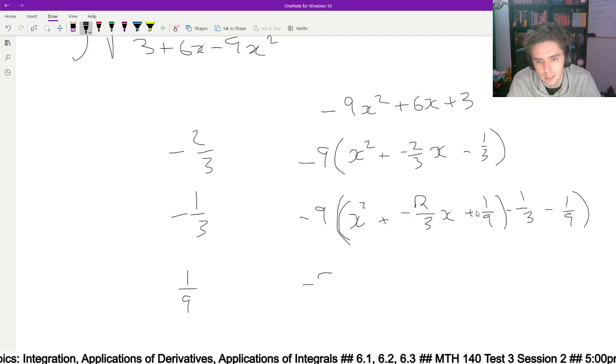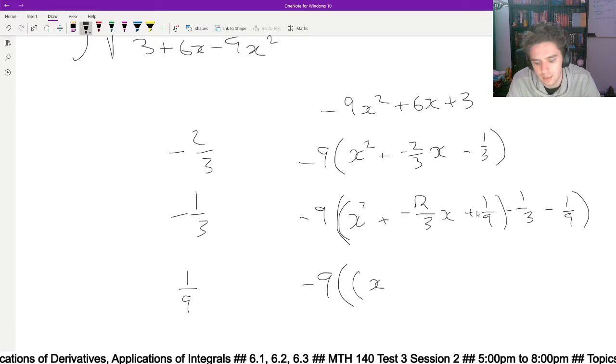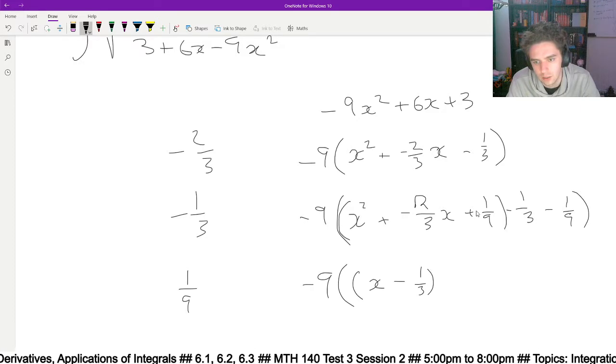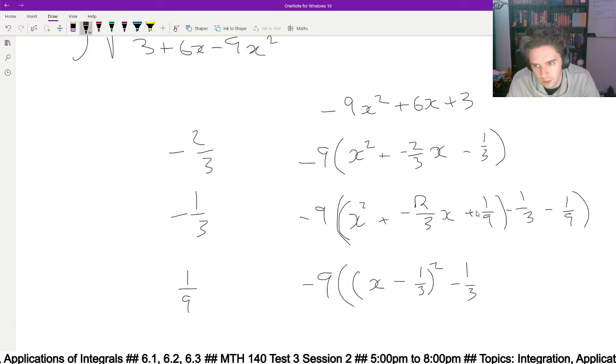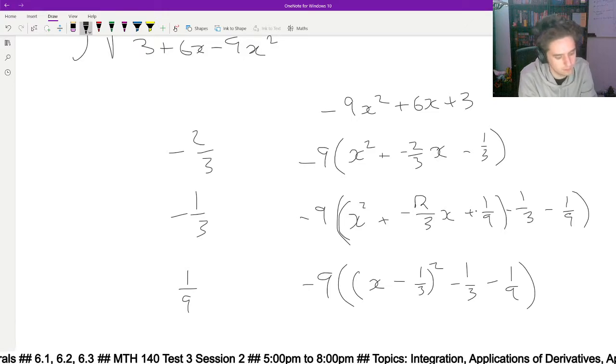So it's going to be -9 times, this factors into x minus a third squared minus a third minus a 9th. So let's multiply that all in.